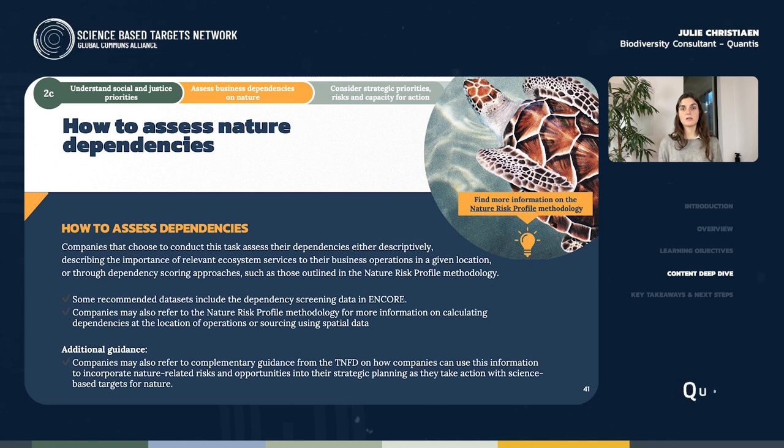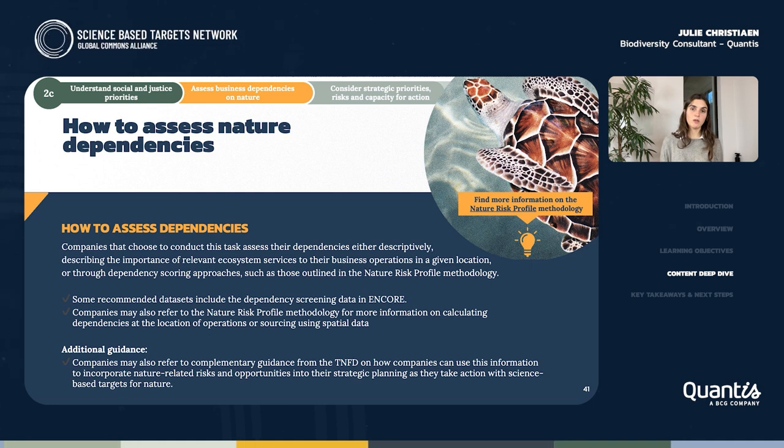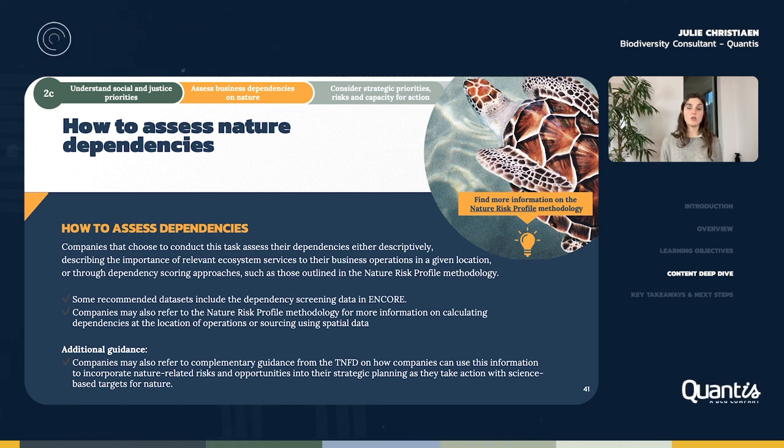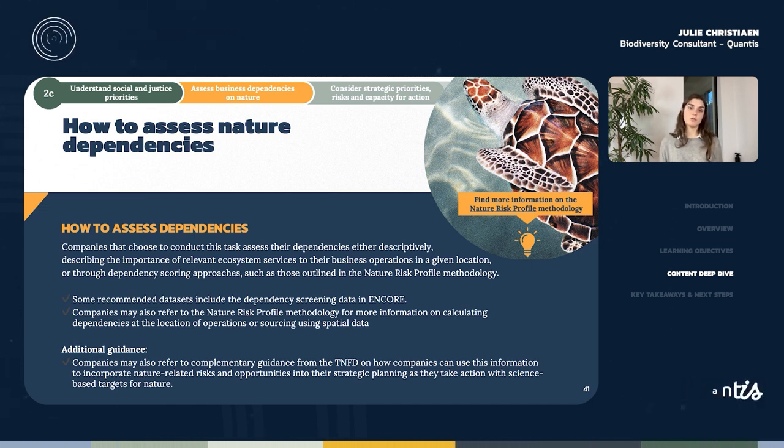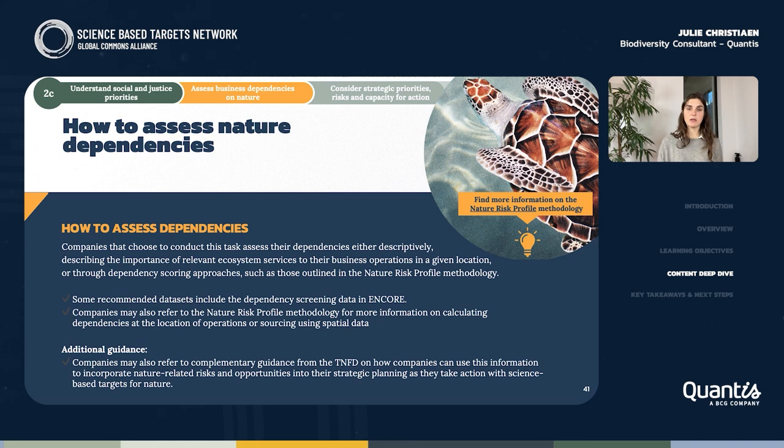Some of the recommended data sets include the dependency screening data in Encore. You may also refer to the nature risk profile methodology for more information on calculating dependencies at the locations of operations or sourcing using spatial data. You may also want to refer to the Taskforce on Nature-related Financial Disclosures to incorporate nature-related risks and opportunities into your strategic planning.